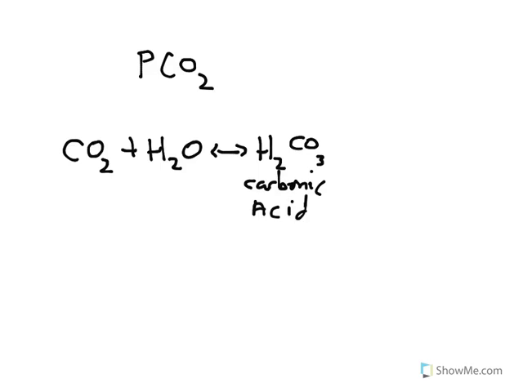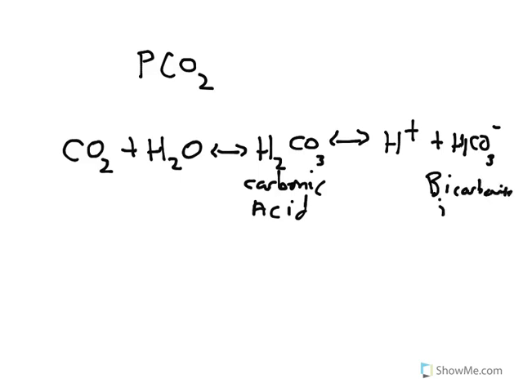Now remember, an acid is anything that increases hydrogen ion concentration, and this carbonic acid will dissociate into two ions, a hydrogen ion and then an ion, HCO3 minus, which is a bicarbonate ion. So this is bicarbonate ion.